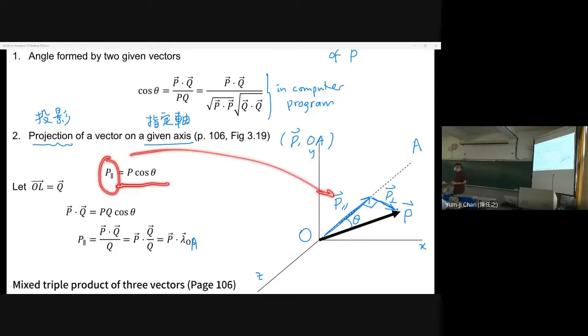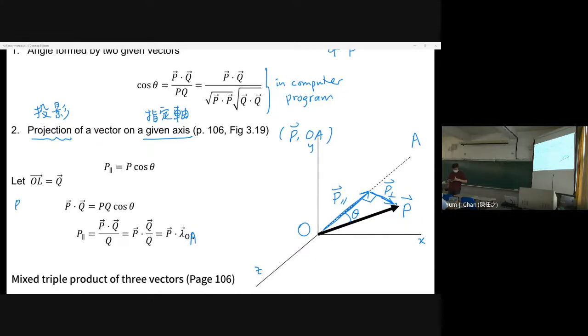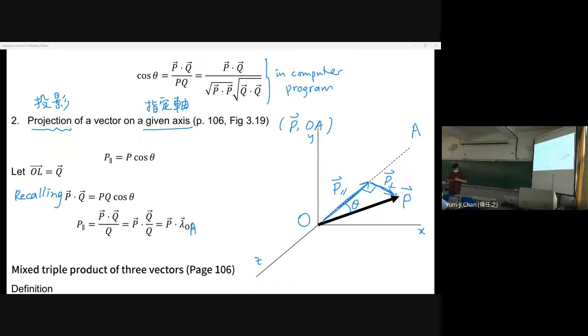I think it is clear. So how do we get this? We get this by recalling the definition of dot product.